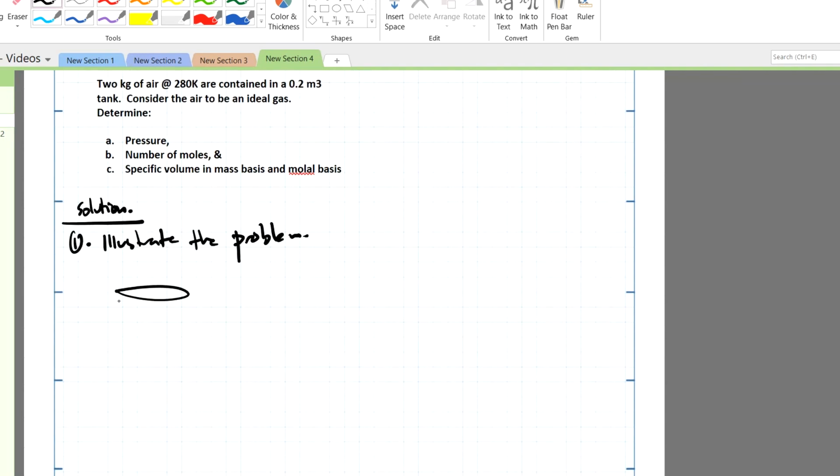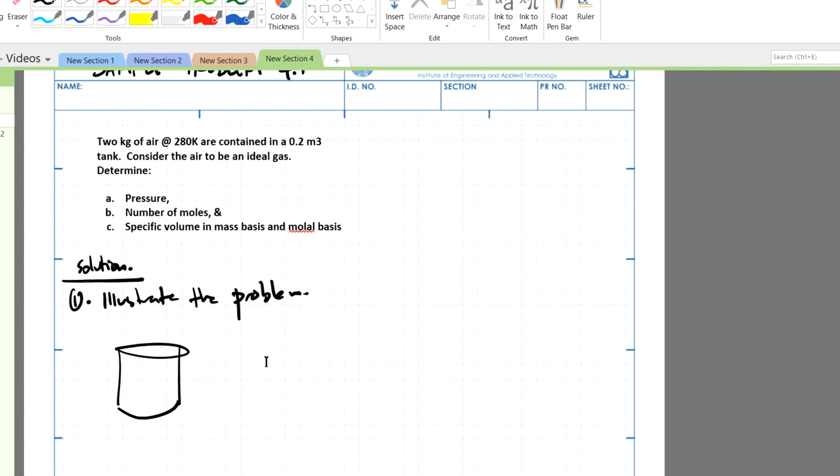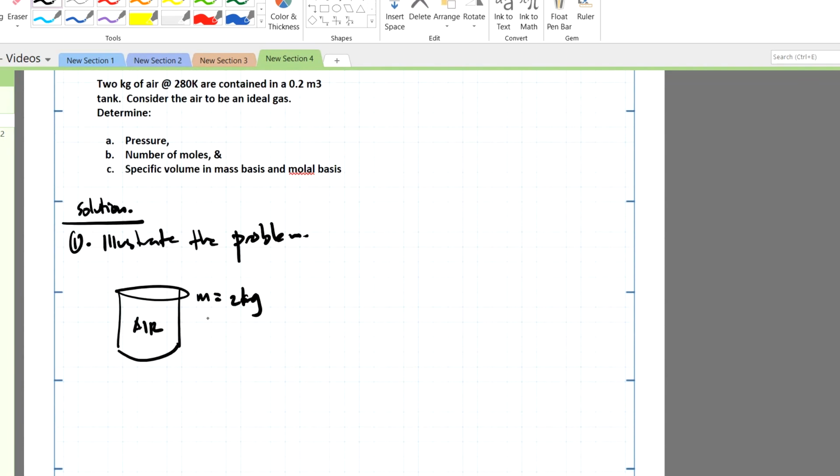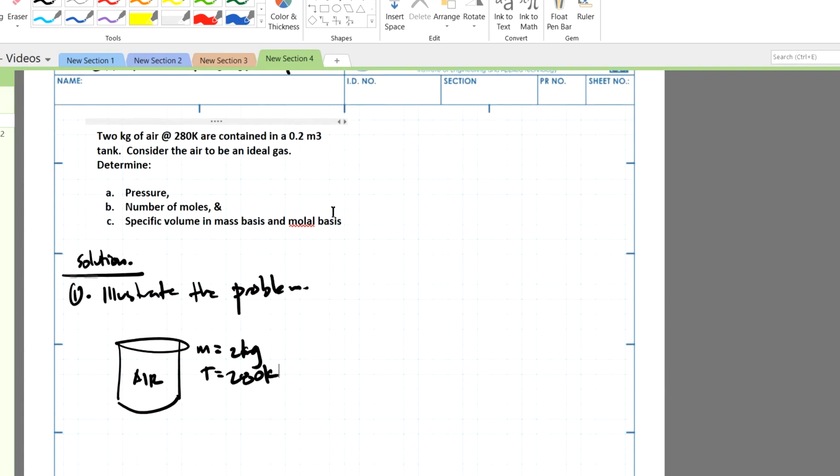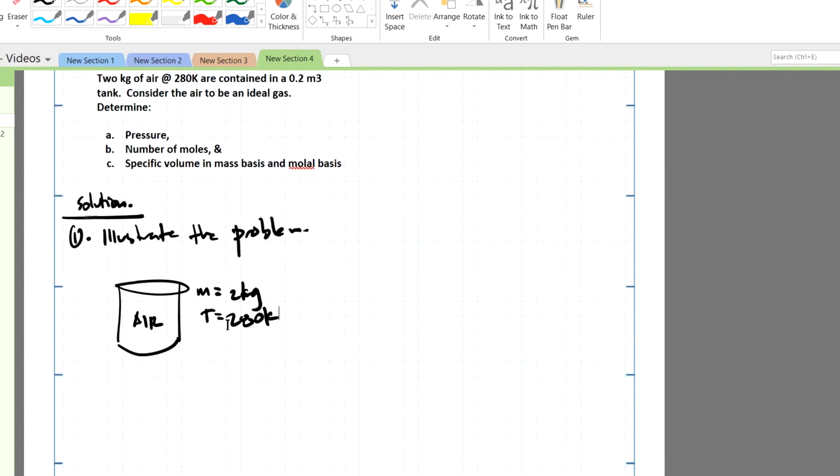So let's say we have a tank in a cylindrical shape. The substance here is air, and the given properties are a mass of 2 kg, a temperature of 280 Kelvin, and a volume of 0.2 cubic meters.